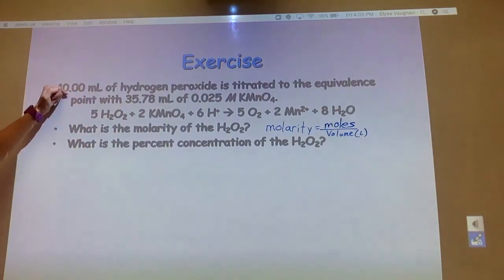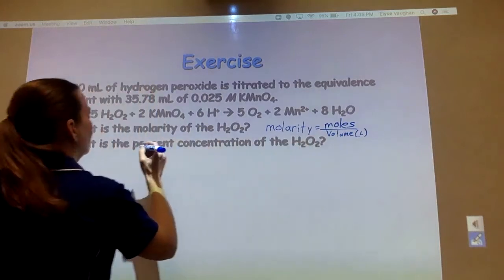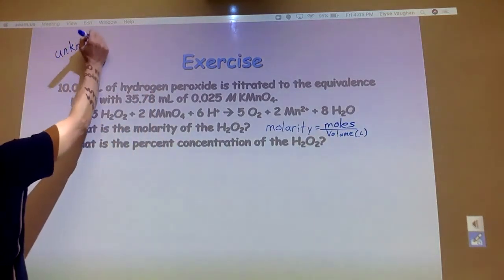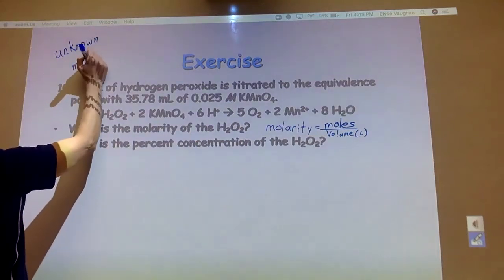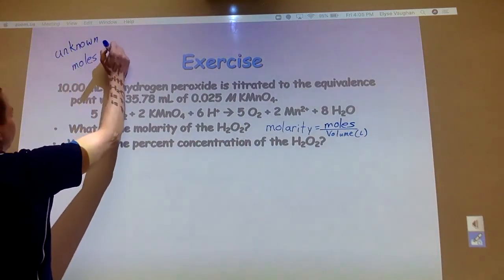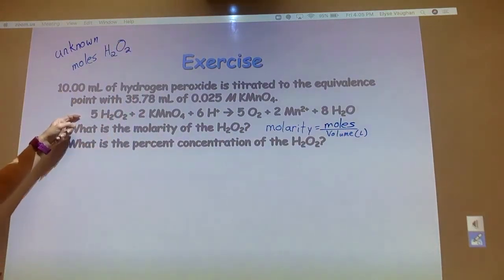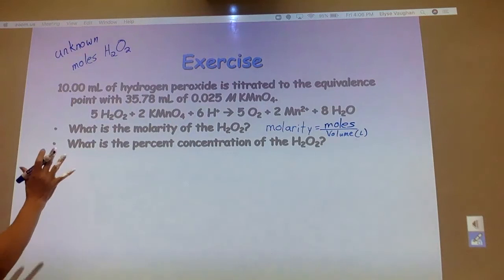Well, I have volume, but I don't know moles. So the thing I'm looking to find, my unknown, is moles of hydrogen peroxide. I have a balanced chemical equation right here, so I can go ahead and get started with what I know.